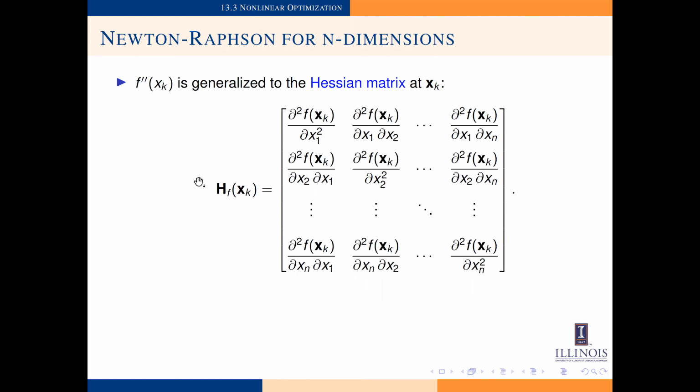Recall that the Hessian matrix, denoted by H of f evaluated at xk, is an n by n square matrix, where the ijth entry is given by the second partial derivative of the f function against the ith and the jth dimension of x, and this is evaluated at the current xk value.